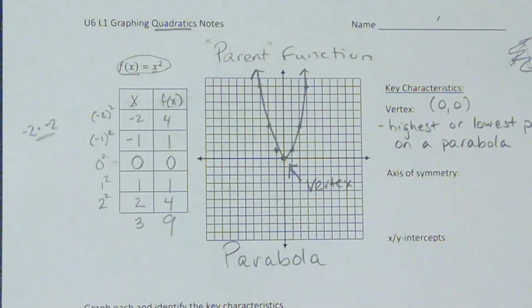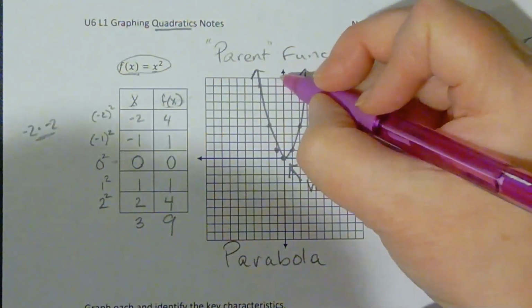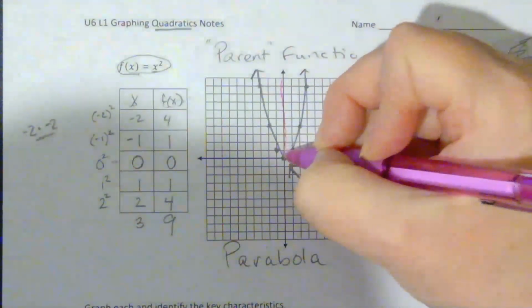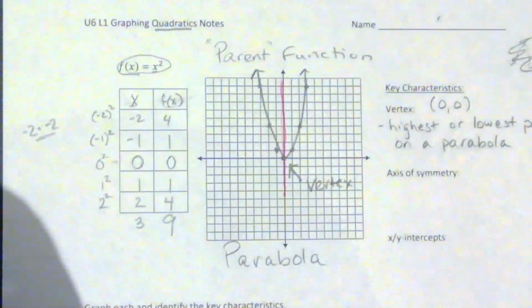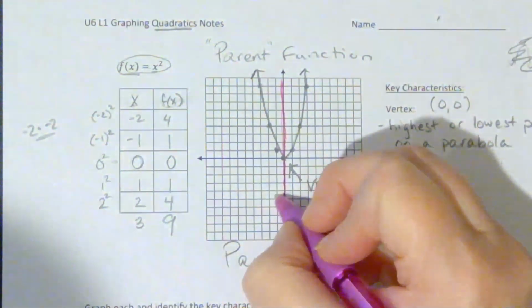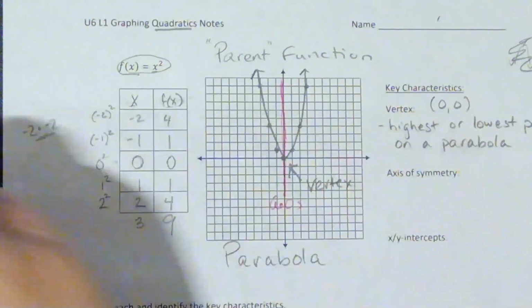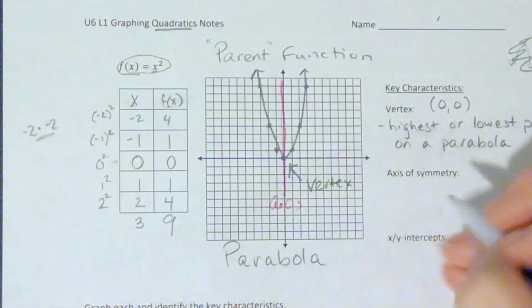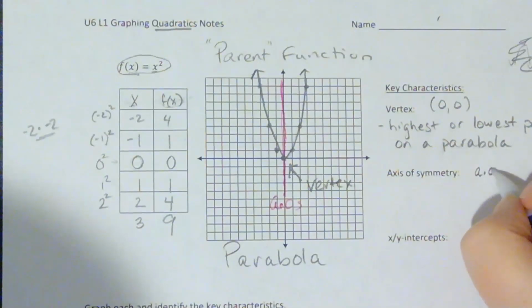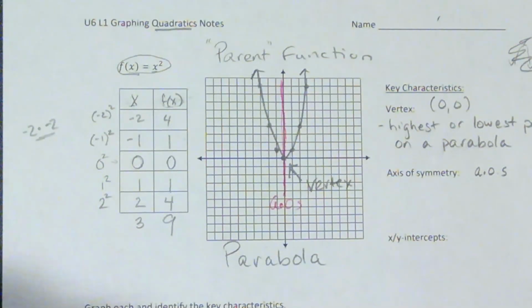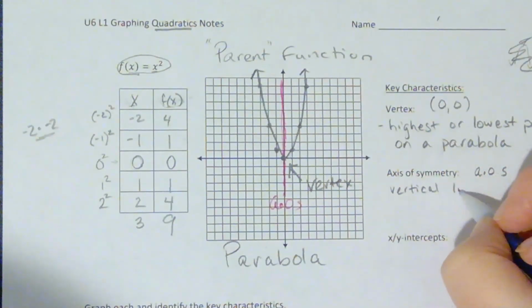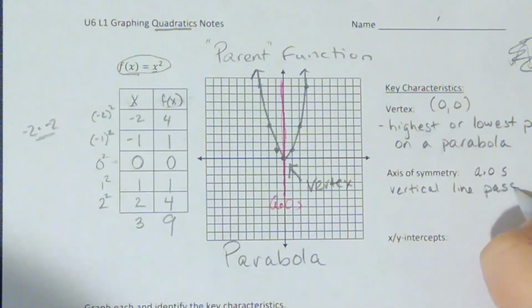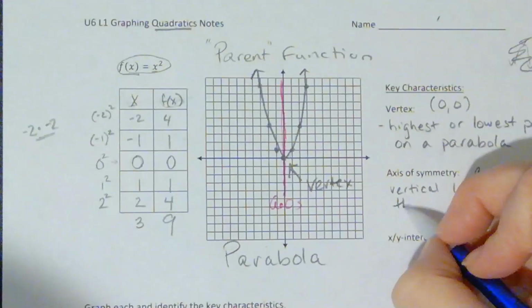Another thing that we want to talk about is the axis of symmetry. And the axis of symmetry is a vertical line that runs through the vertex. So this is my axis of symmetry. We are going to label the axis of symmetry with an AOS for axis of symmetry, and it is a vertical line passing through the vertex.